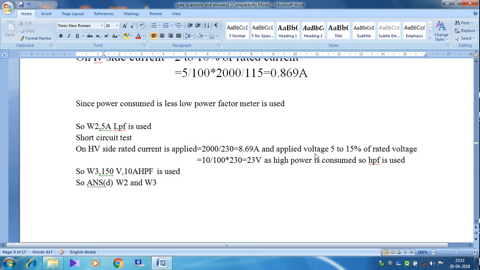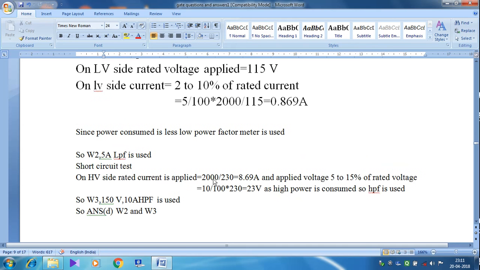What does this mean? It means that when we apply 5 to 15% of the rated voltage, we can get the rated current, that is 8.69 ampere. Again I am telling, to get the rated current we have to apply 5 to 15% of the rated voltage.